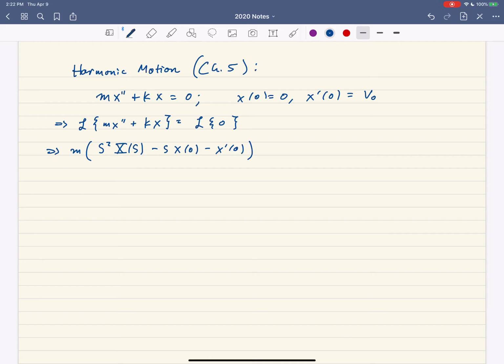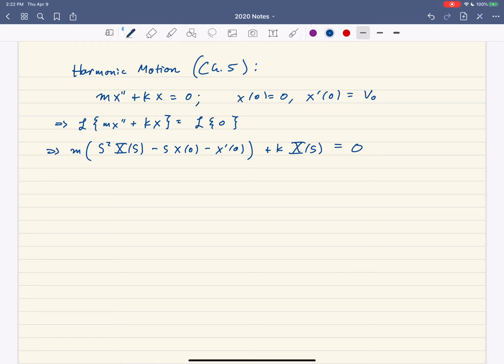So that's the Laplace Transform of x double prime, plus k times the Laplace Transform of x, which is capital X of s, and that's equal to the Laplace Transform of 0, which is 0.